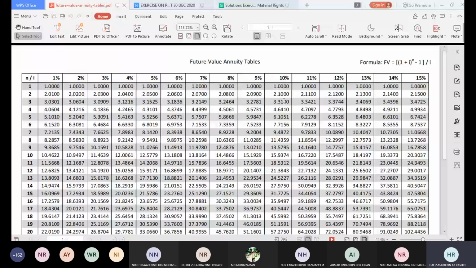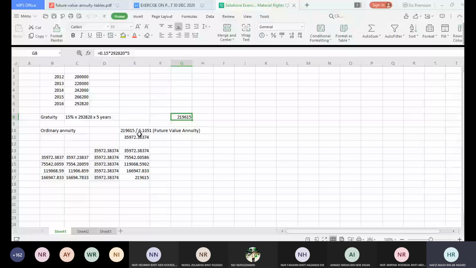So what will be the factor which you need to use? It's 6.1051. Remember that, and we look back into the answers. You know the amount you need to have in the future, 219,615.